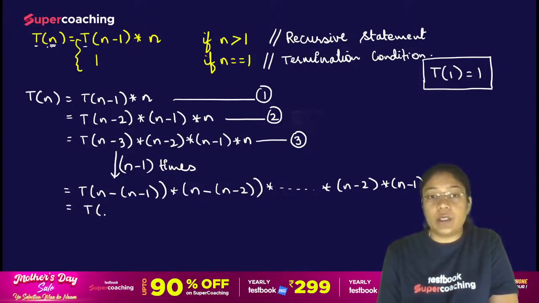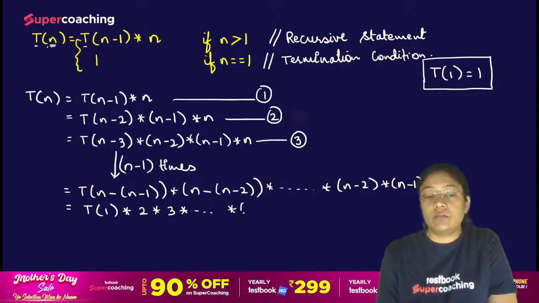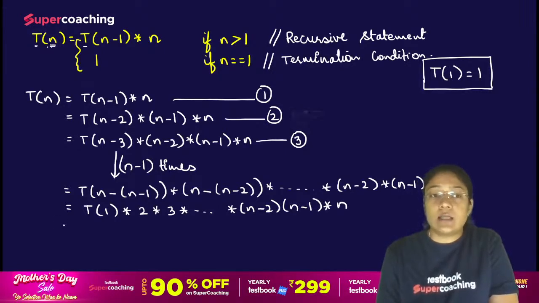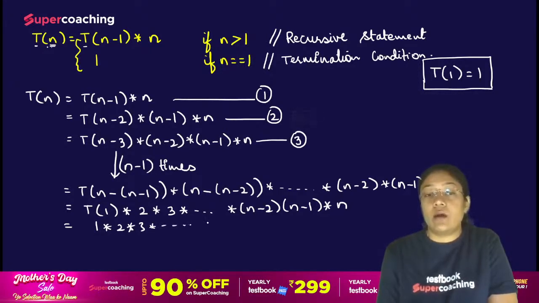It comes out to be T of 1 into 2 into 3 and so on, n minus 2 into n minus 1 into n. This is nothing but T of 1 is given as 1, into 2. You can skip these steps, but I'm providing the detailed solution so that you can refer to it later on.